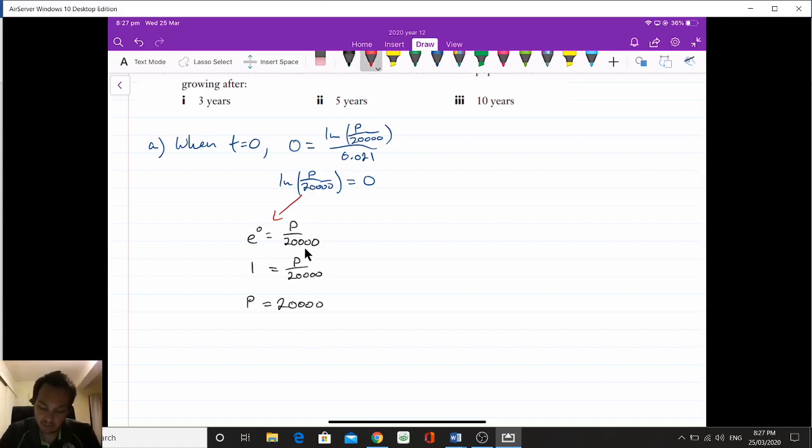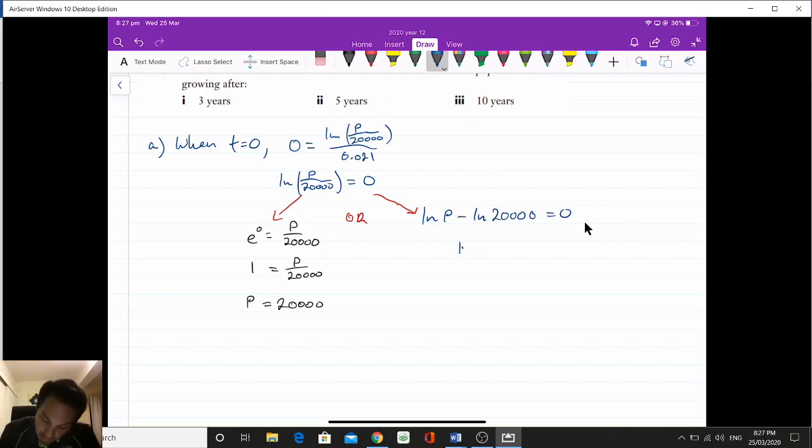Of course you could do it the other way. If you want, you could have also solved this by using that log law: ln of p minus ln of 20,000 is equal to 0, and then added the ln 20,000 to both sides.